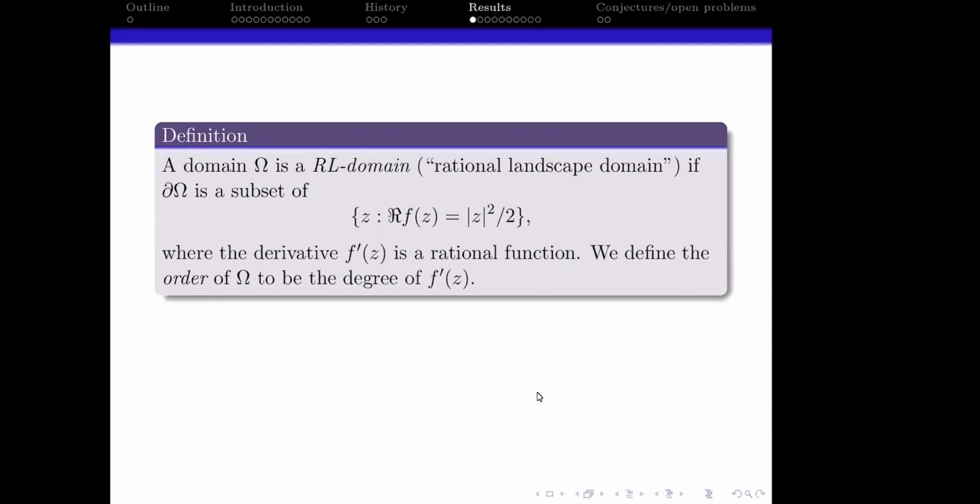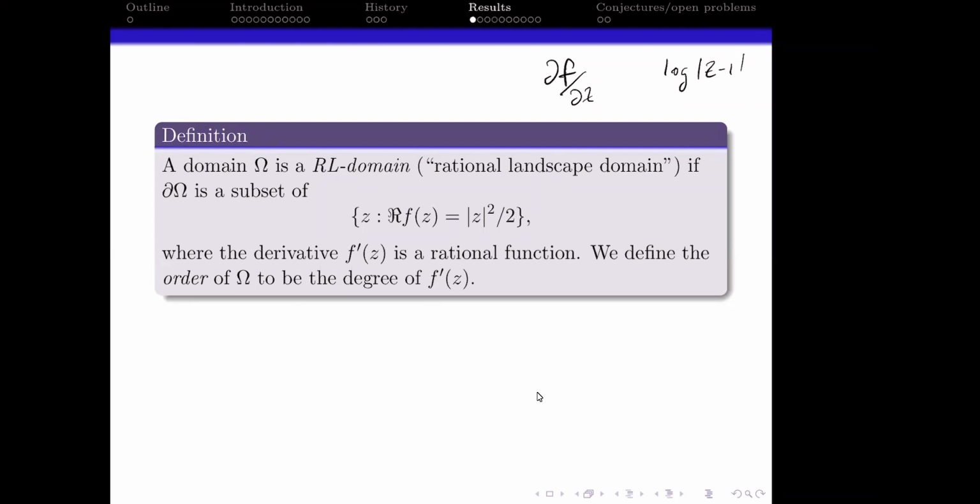When I say derivative f prime, it really means the z derivative, df/dz. For instance, if you take log mod z minus 1 and take the complex derivative, it will be 1 by z minus whatever, some rational function. So this is acceptable.